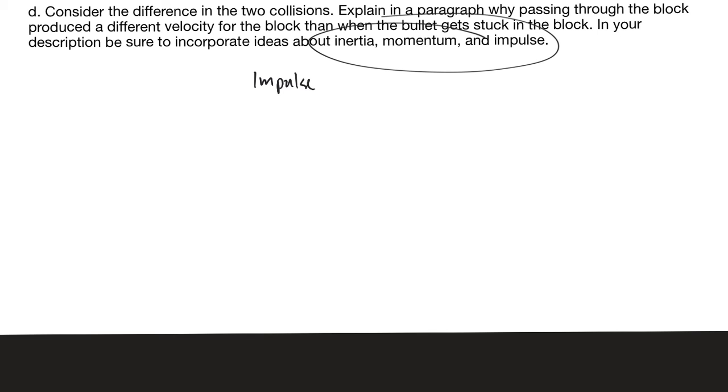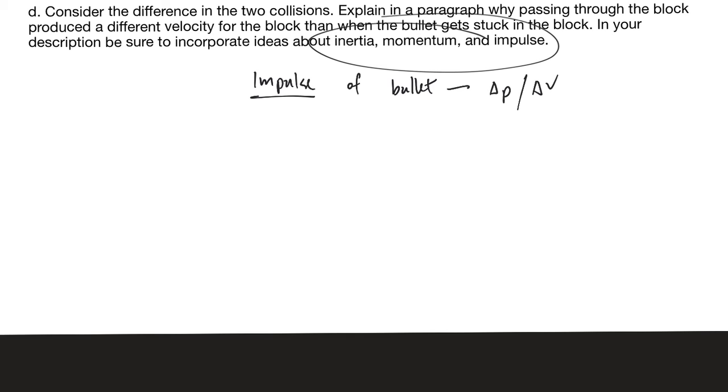So the first thing to discuss is impulse of the bullet, and you should address the change in momentum and the change in velocity. You have to explain why the impulse is different between the two, and that is completely tied up in the fact that the velocity was different.